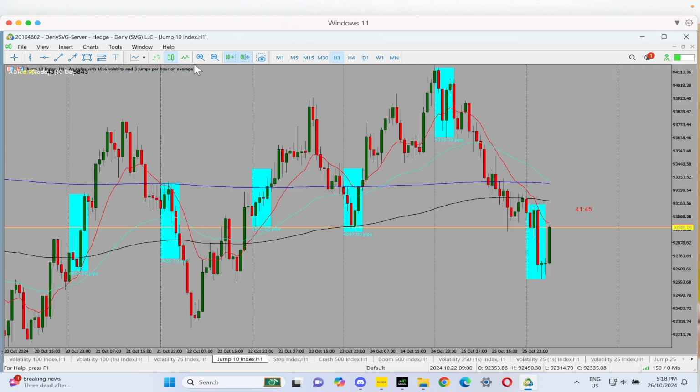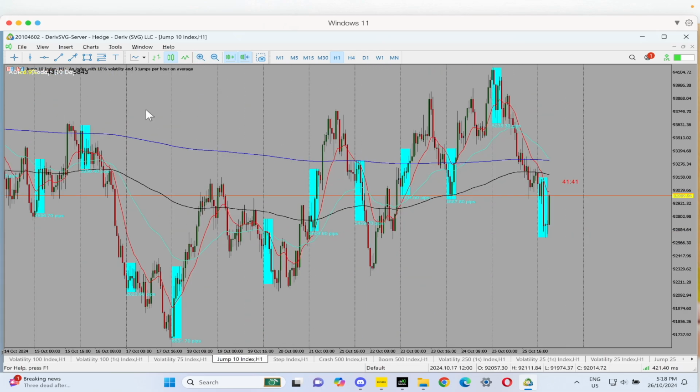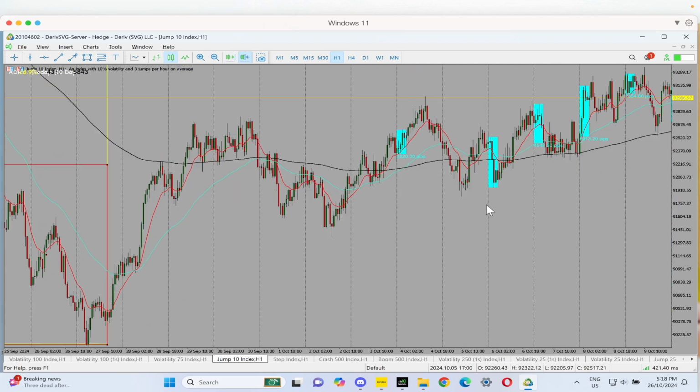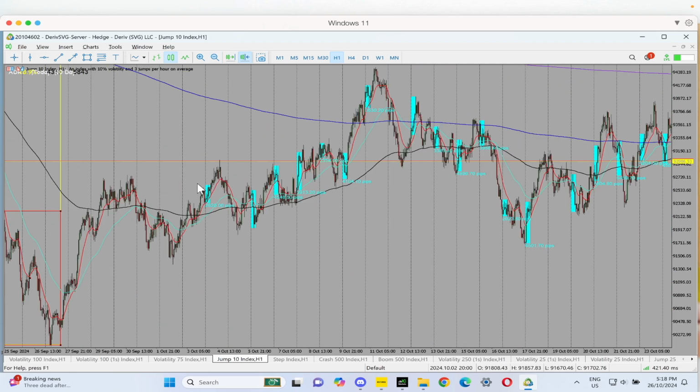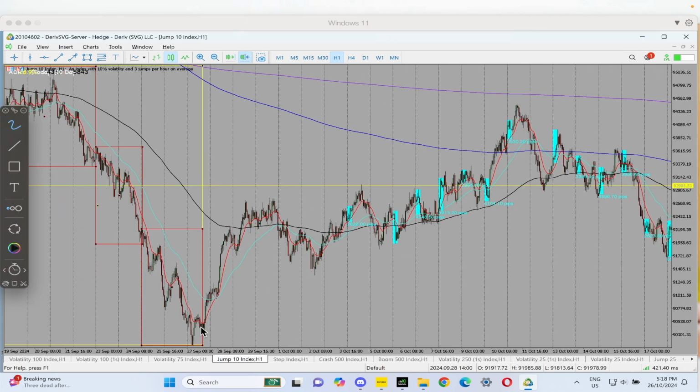Now going to the 1-hour time frame, you can see that as soon as the market gave you those 5 levels that we saw, all you had after that was the market pushing up. Now the market pushed up 1, pushed up 2, and pushed up 3 into a peak formation, and then went for a reset.